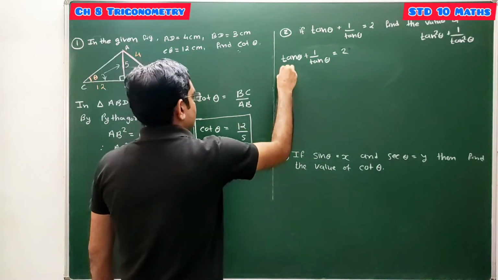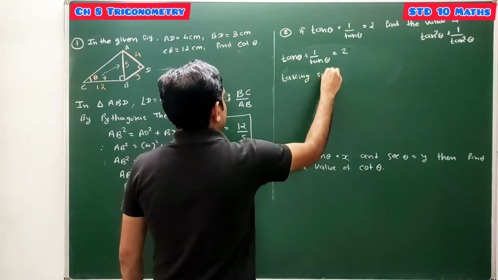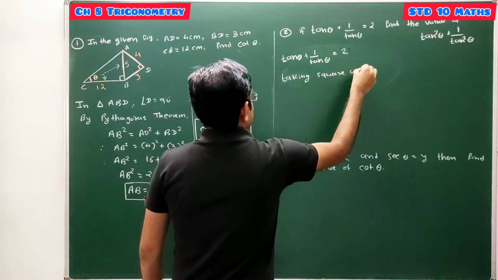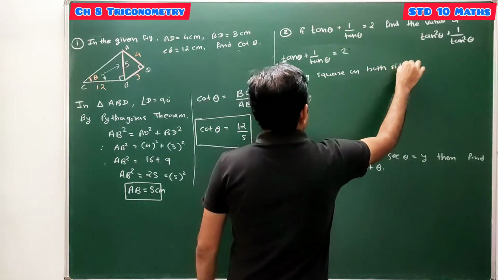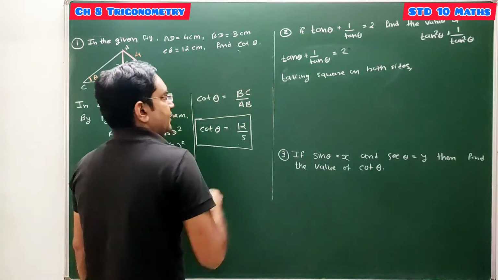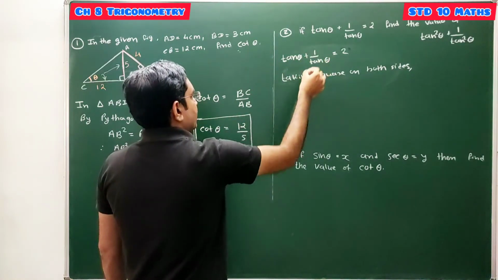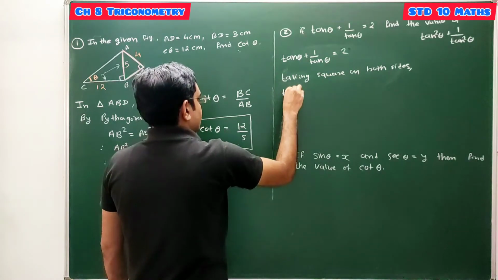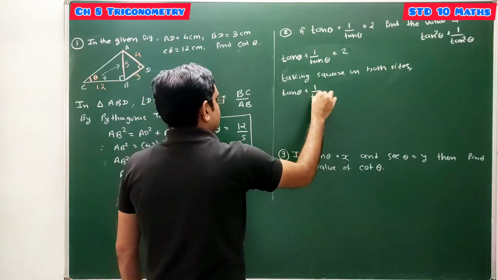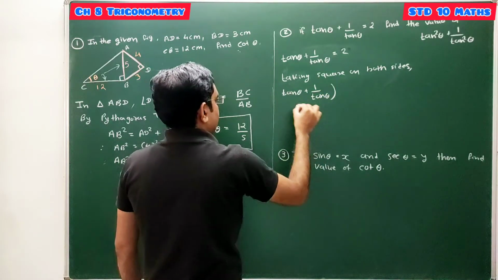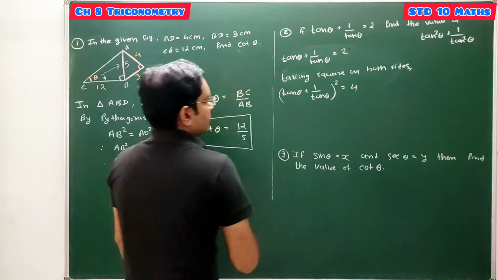Now taking square on both sides, it will be tan theta plus 1 upon tan theta whole square equal to 4.